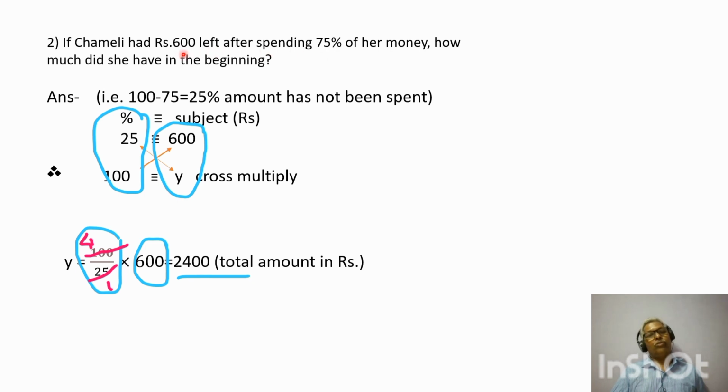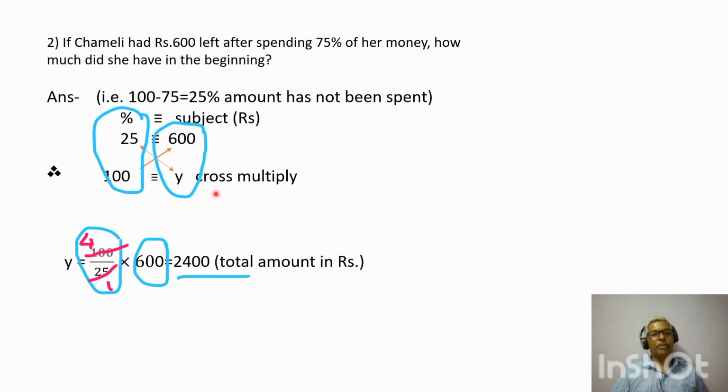See, the 25% amount has not been spent, which is still with her. So now percentage, below percentage, as I told you, 25% corresponds to 600. Then what is 100? The total amount, which is 100%, is y.